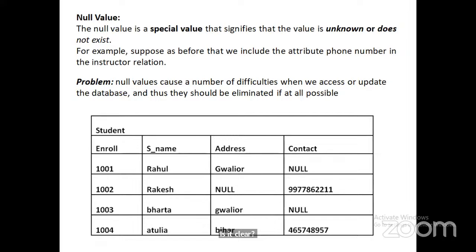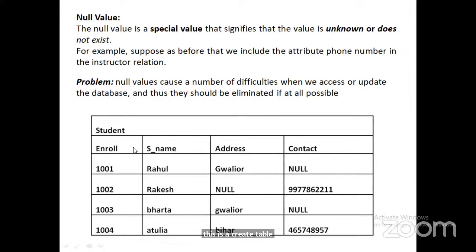Next, tabular forms of creating a table and alteration of table. How to create a table? I have given the syntax, right? Create table, table name. In the table name we need to write the field names. This is create table, table name is student, and bracket open.